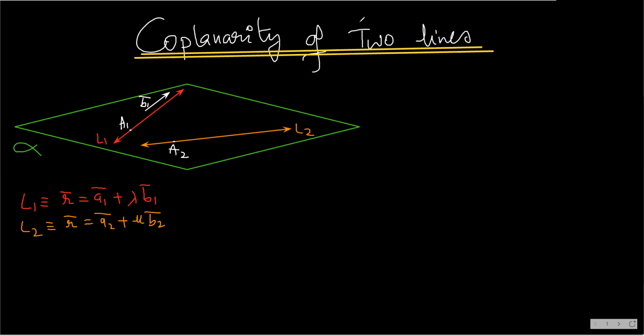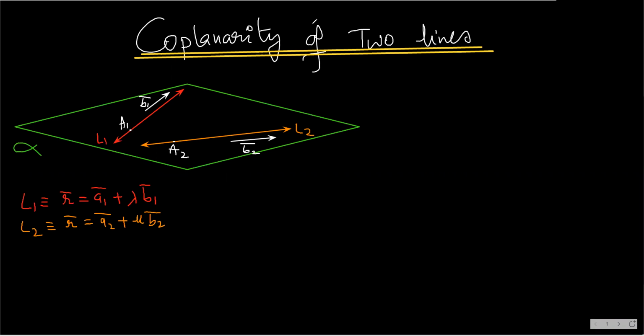Then you have this vector B2 bar, which is parallel to line L2. Now here you have the whole picture.